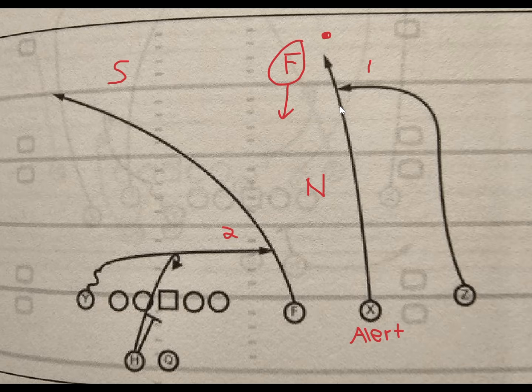But that's not always going to be part of their base read progression. So this 3x1 concept is still designed mostly to look dagger down to the shallow, based on however this hook defender moves, either vertically or more towards the shallow hook window.